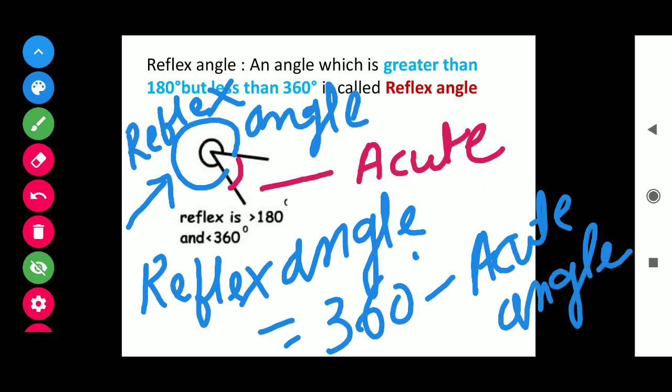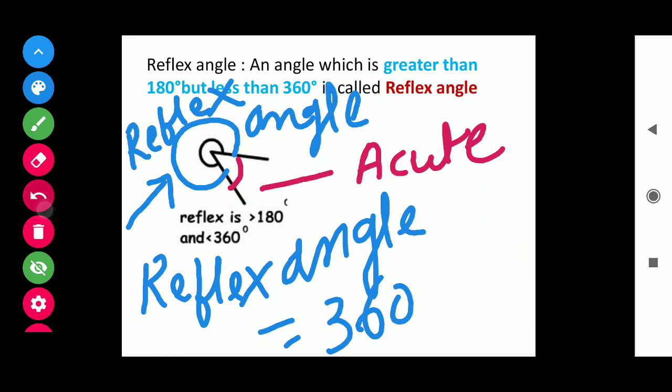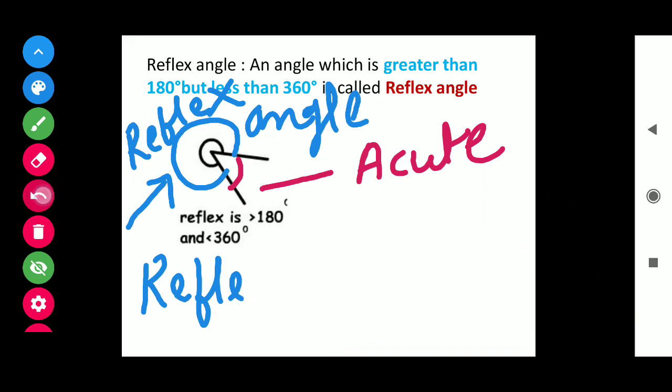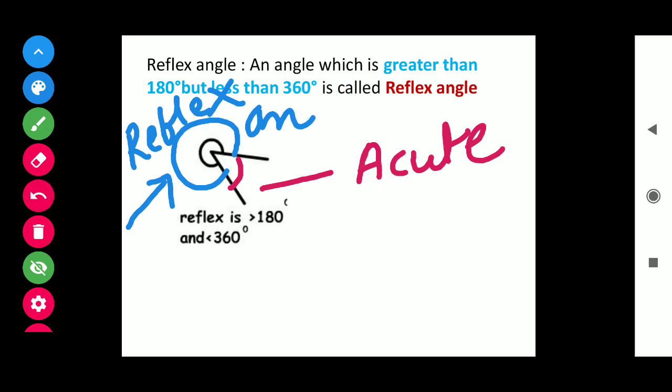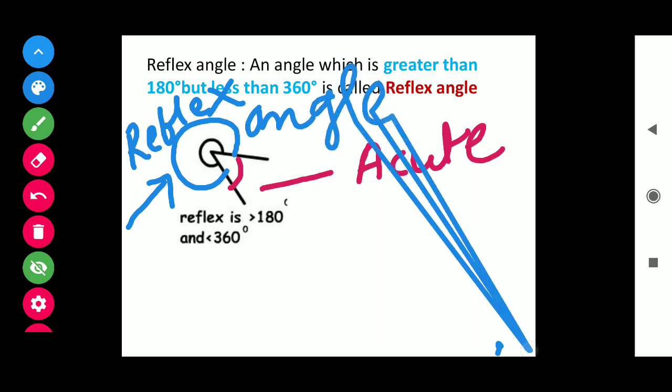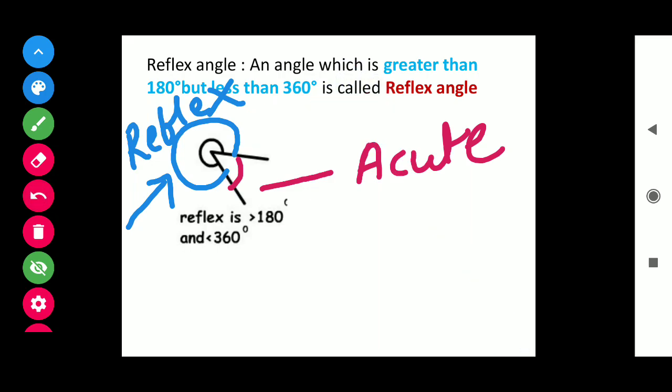I will show you one example so you can easily understand. Suppose I don't know the measurement of the reflex angle which is given over here. So now how can I find out the measurement of reflex angle? Suppose I know the measurement of acute angle, which is 30 degree.